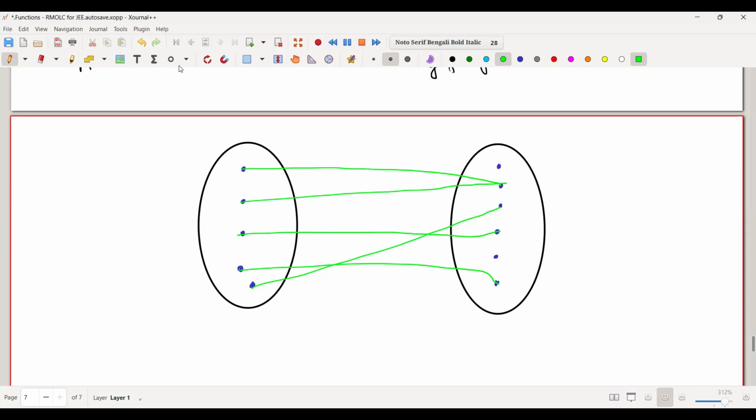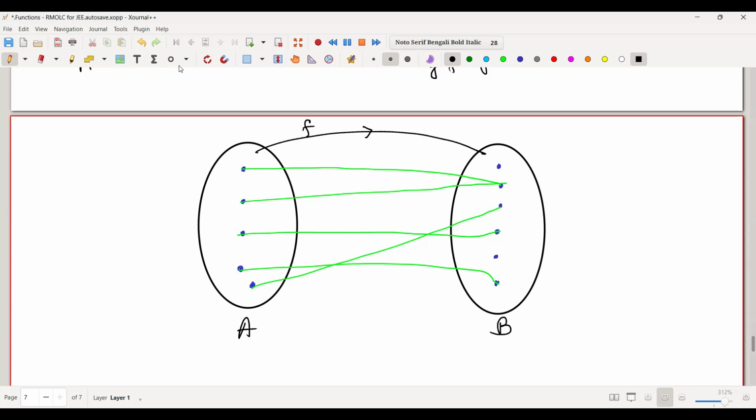So this function is not a one-one function. When you are trying to find a function from set A to set B, the function is f, and f is not a one-one function.